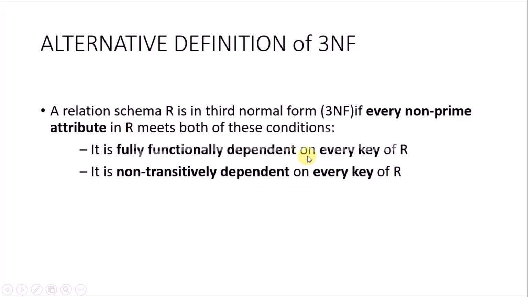And now we'll see the next normal form, that is BCNF. We have studied 1NF, 2NF and 3NF.